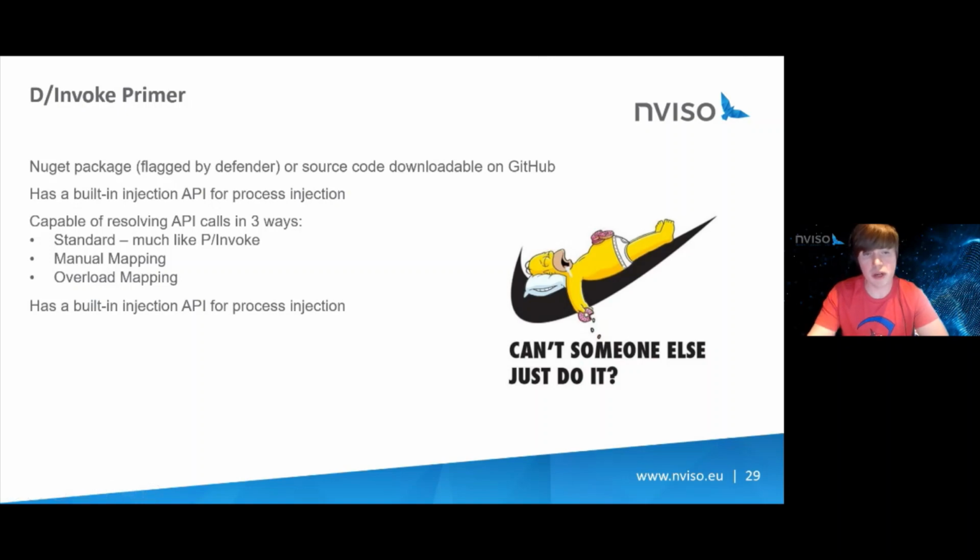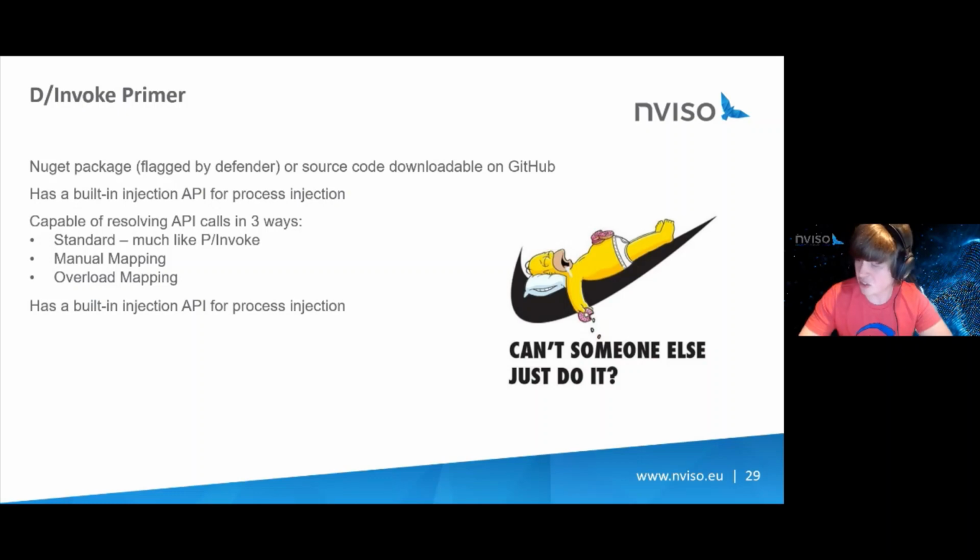It also has a built-in injection API for process injection. However, it's not complete yet. It's still quite heavily under development. I'm trying to contribute as well in my spare time, but I don't really have that much spare time, unfortunately, which is also part of the reason why I'm giving this brown bag.